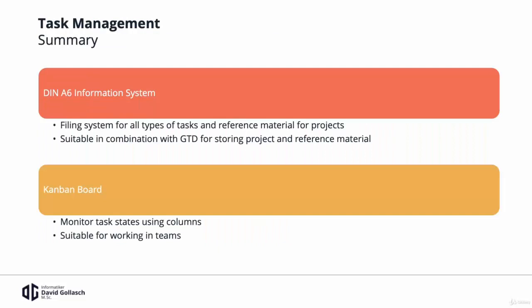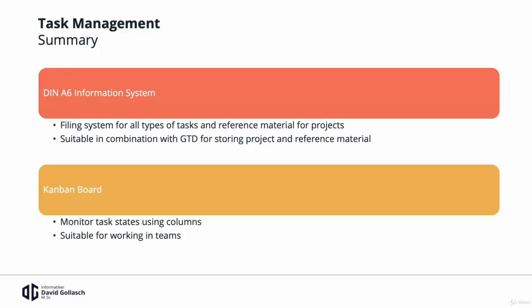Okay, so let's sum up what we've learned. We took a look at 2 techniques to manage your tasks, to keep track of everything, to monitor the progress of projects or whatsoever, or your personal to-do lists.